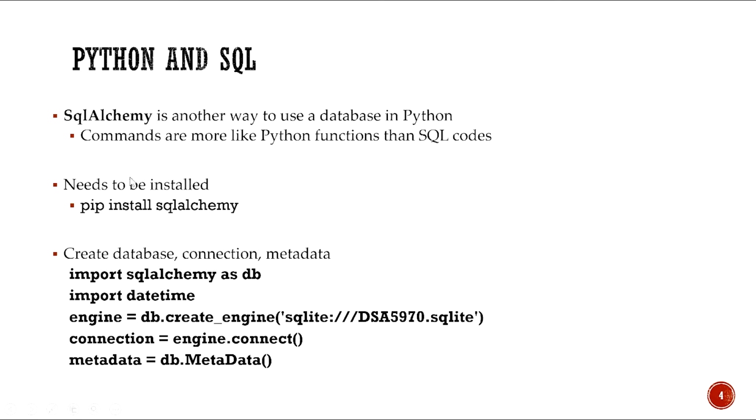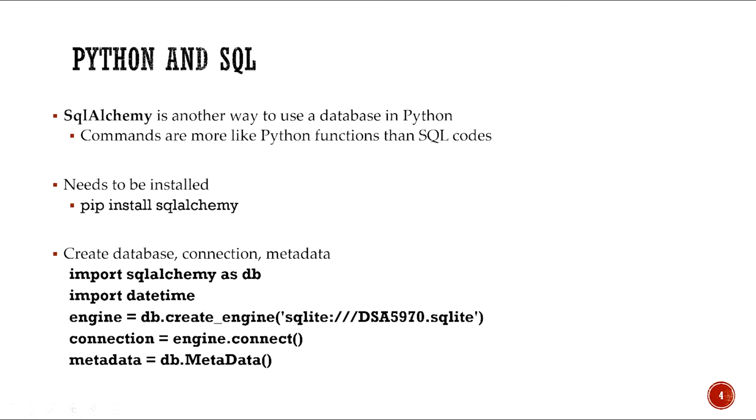So if we want to use SQLAlchemy, you need to install SQLAlchemy first, and you can see this line of code, pip install SQLAlchemy, and you just need to do it once. After installing, then we need to create the database connection and metadata.